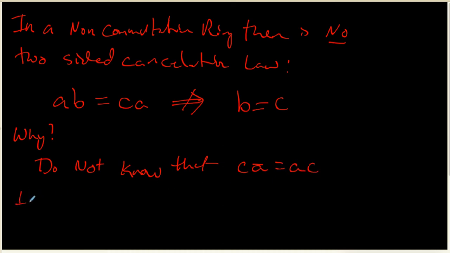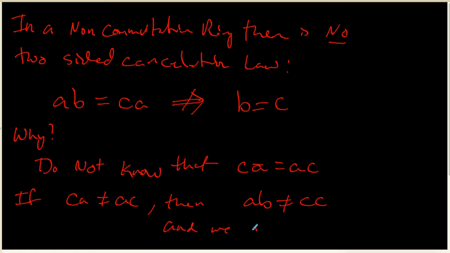And in fact, if CA is not equal to AC, then AB is not equal to CA, and we can't cancel. So it's very important to realize that in a non-commutative ring with no zero divisors, we can't just willy-nilly cancel on both sides.